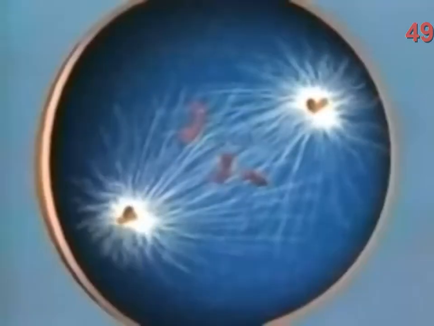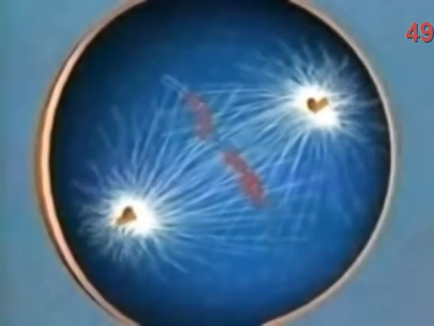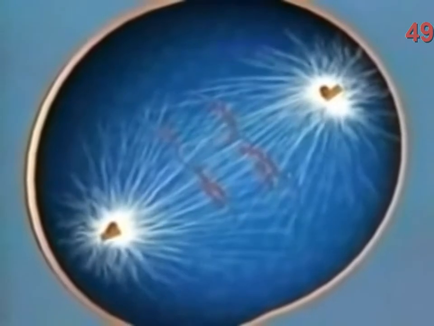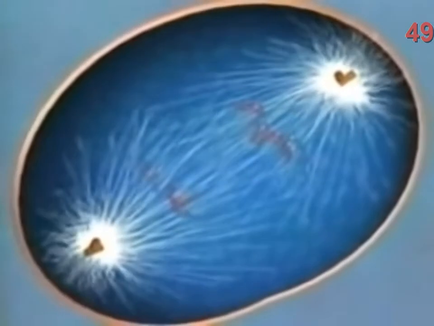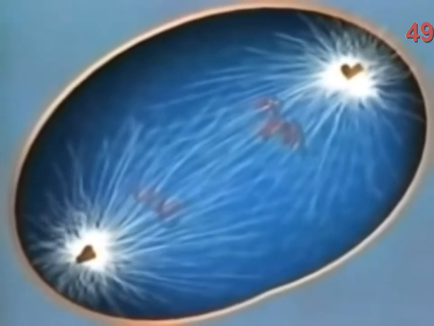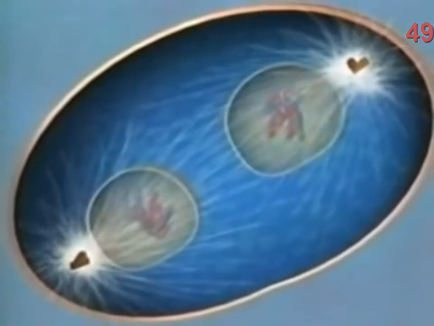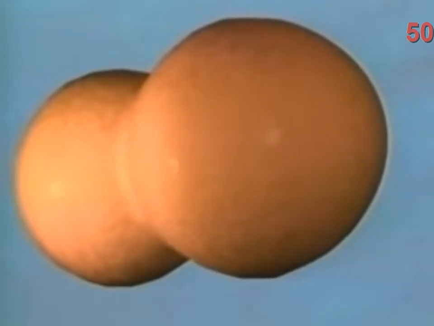Assisted by the protein fibers, the chromosomes move center stage. In a microscopic tug of war, the spindles pull each chromatid toward opposite poles. Other spindles push against each other in a ratcheting action that stretches the cell. The chromosomes then unwind, and the nuclear membranes reform. With mitosis complete, the nuclei and cytoplasm separate, creating two new cells in this ongoing cycle that sustains all life.